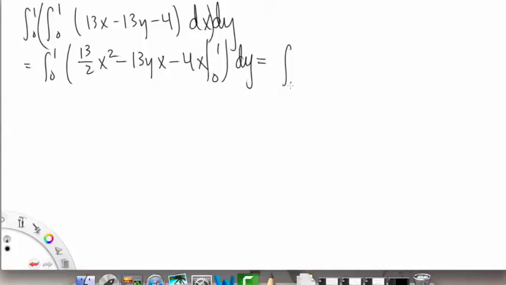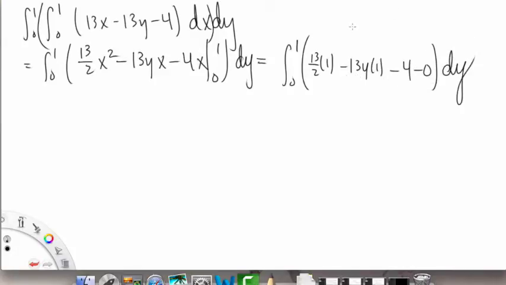When you plug in 1, we get 13 over 2 times 1 minus 13y times 1 minus 4. Because everything has an x in it, when you plug in 0, it's just minus 0. Now I'll rewrite it in simpler form: 13 over 2 minus 13y minus 4, times dy.